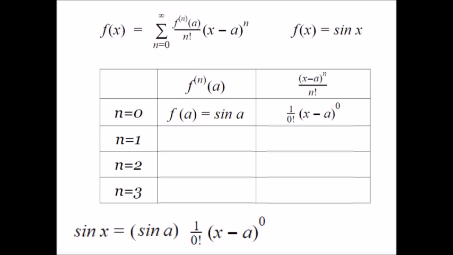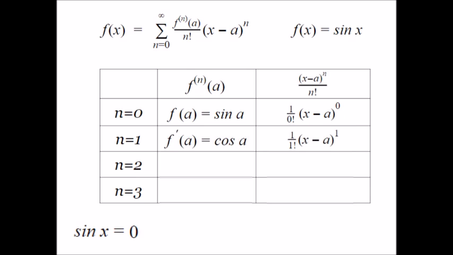That's sine a, and then we say a is equal to 0, so that is 0. So much for the first term. On to the second term. The derivative of sine is cosine. And then we have that expression of 1 over 1 factorial times x minus a to the first power. So that's cosine a times that. If a is equal to 0, that is equal to x.